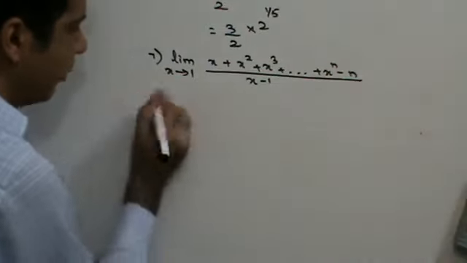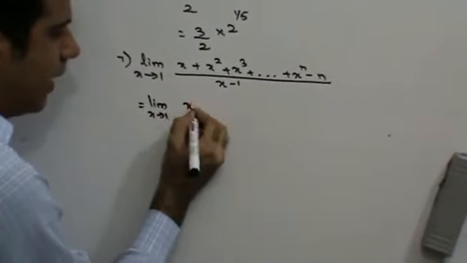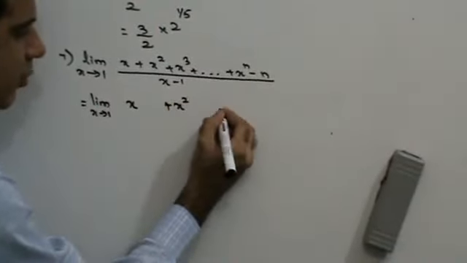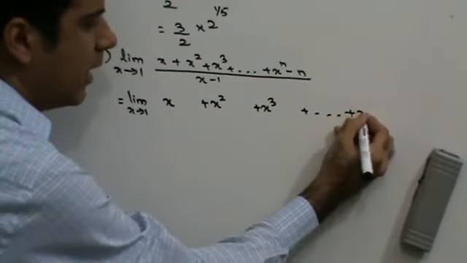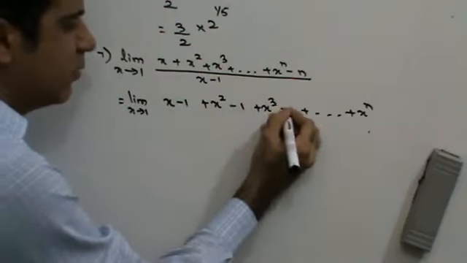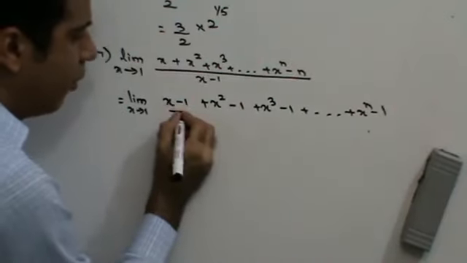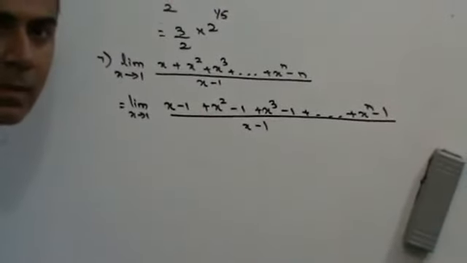See how this works out. This is the limit of x tends to 1, x plus x square plus x cube plus up to x raised to n, minus n, which I am splitting as minus 1 n times, upon x minus 1.